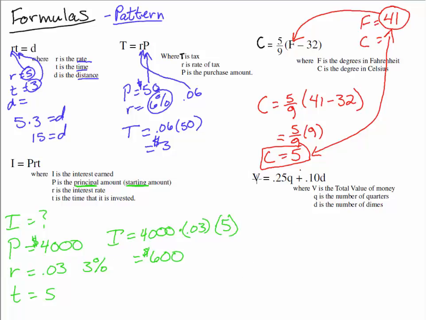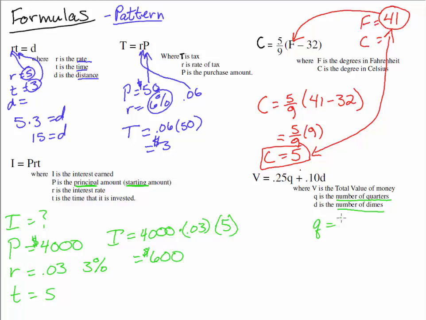Good. Here's a money formula. Now, we don't often stick things in these formulas like this, but we actually do that. Look at this. If you take the number of quarters times 25 cents, look, that's 25 cents times the number of quarters. D is the number of dimes, or you could have pennies or nickels on here. Number of dimes times 0.10, that's 10 cents, and then we end up adding them together.